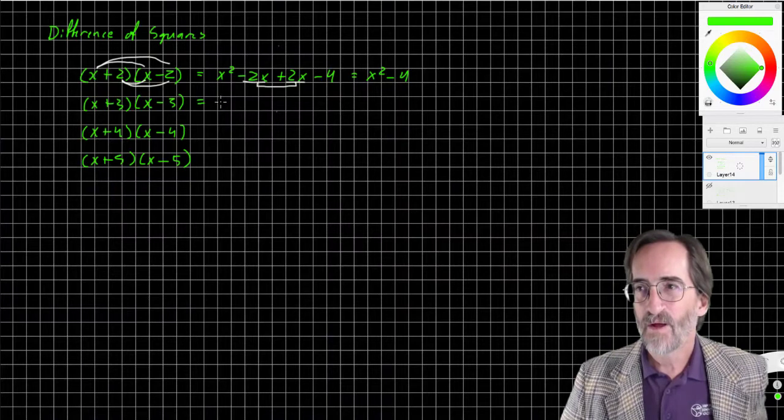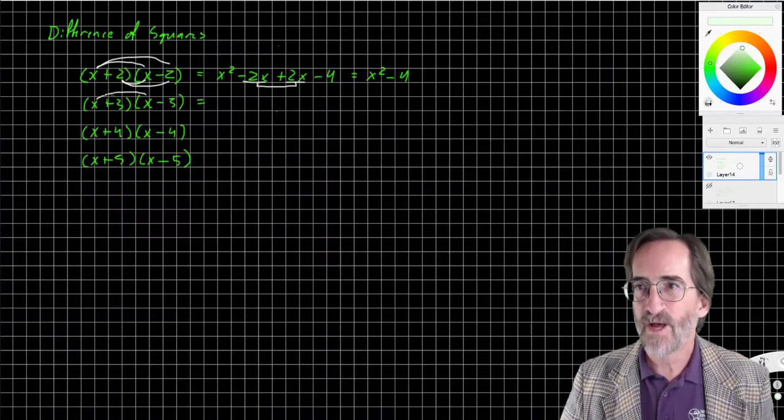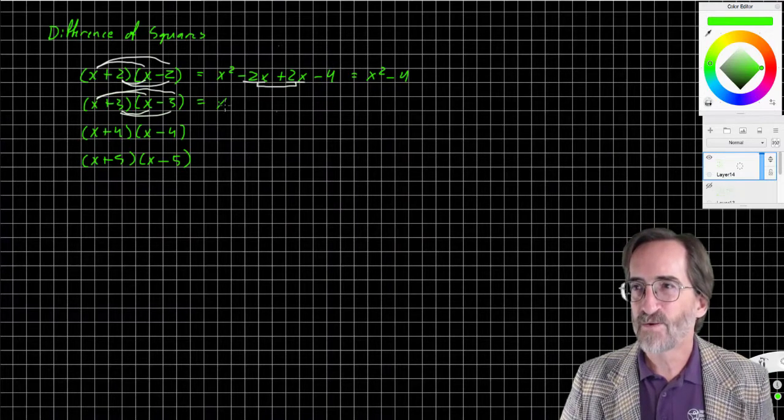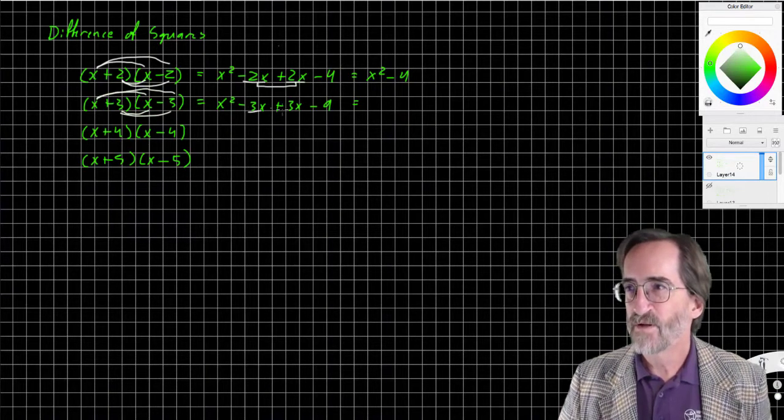Okay? Let's do the other one the same way here, the next one. Distribute the x times x, x times negative 3, 3 times x, 3 times negative 3. Okay, so we have x squared minus 3x plus 3x minus 9 equals, combine the two middle terms.